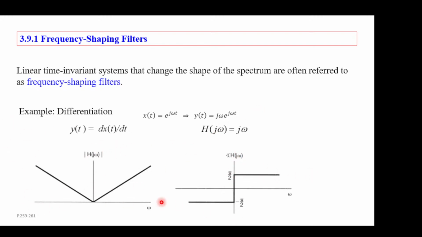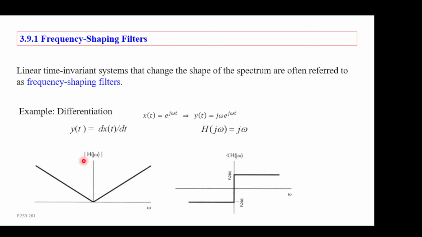And the angle has a funny shape. So what does this tell us? This tells us that the differentiation will pick out the high frequency components. You amplify the high frequency components of your signal, because it gets larger and larger as omega gets larger.